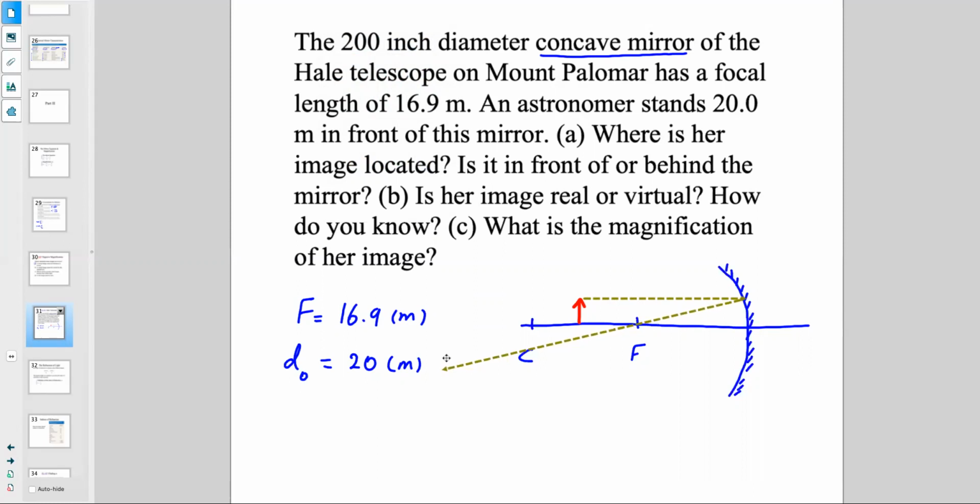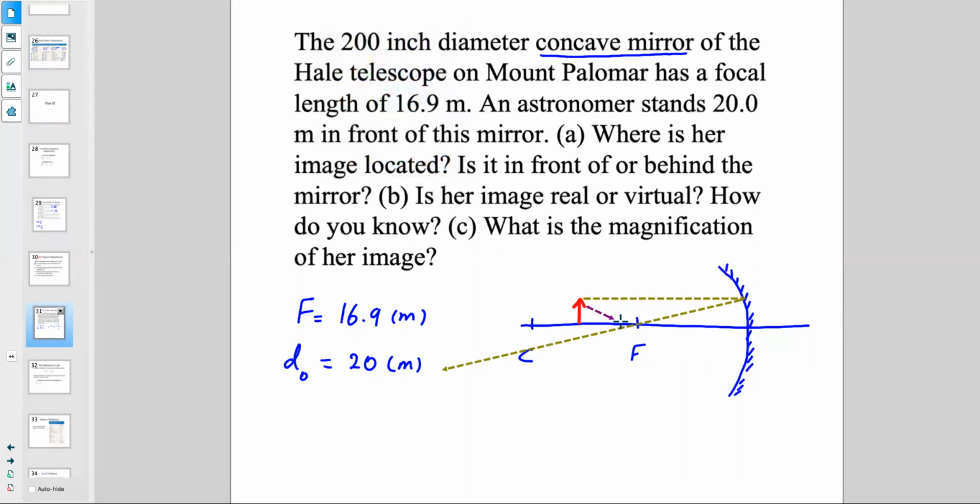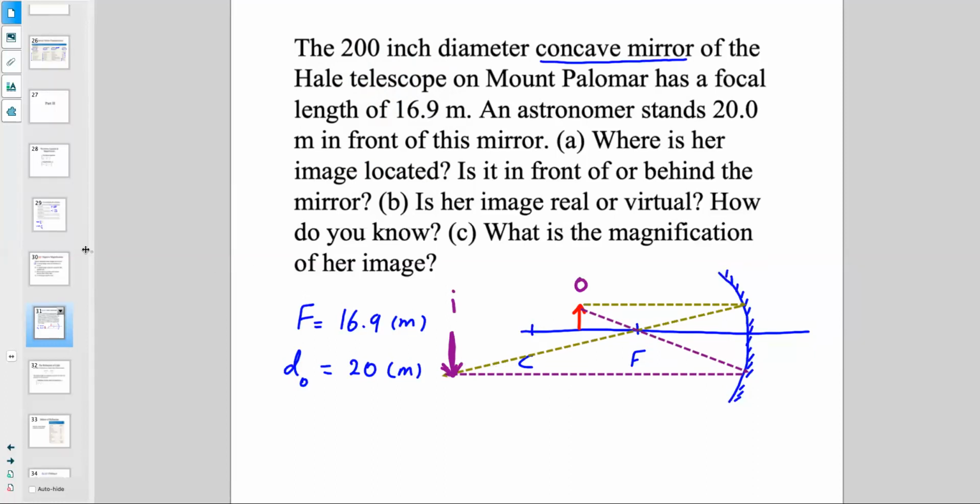Then the second one: a ray going through the focal point will be reflected in a way that is parallel. So this is where the image is located. Let me say that this is my image. That's the object and that's the image. I think we talked about this.